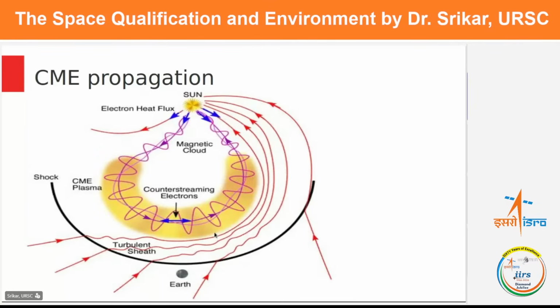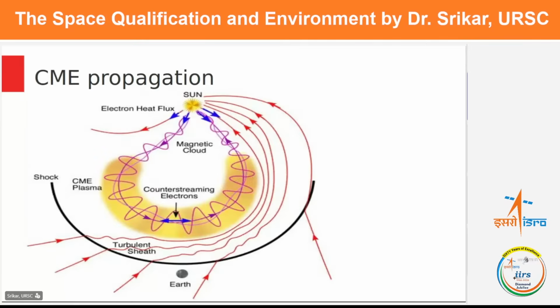So one can envisage a huge plasma bubble pushing through, and then you will feel sudden spikes in plasma density and magnetic field variations as we feel the propagation of a CME.